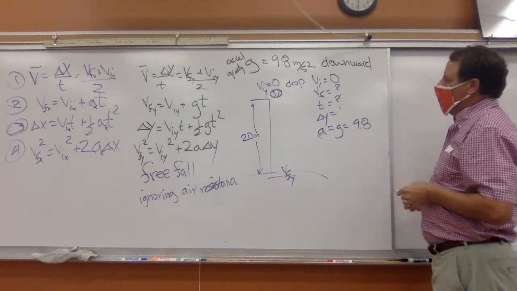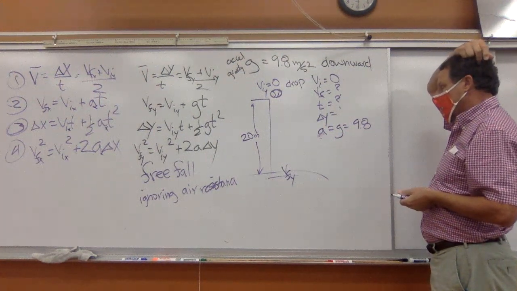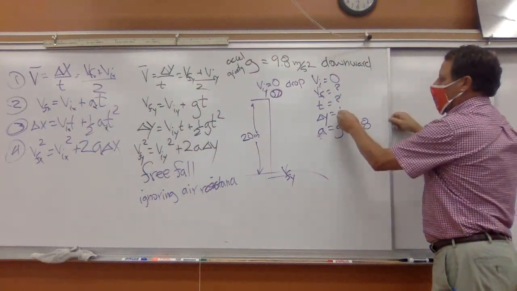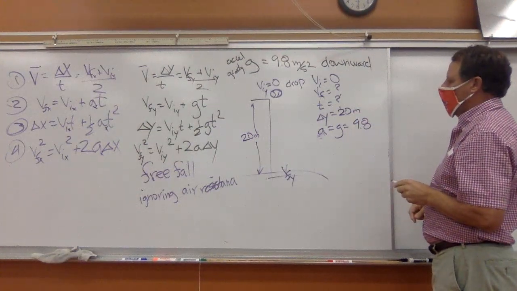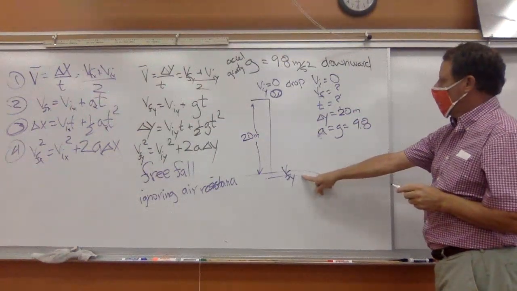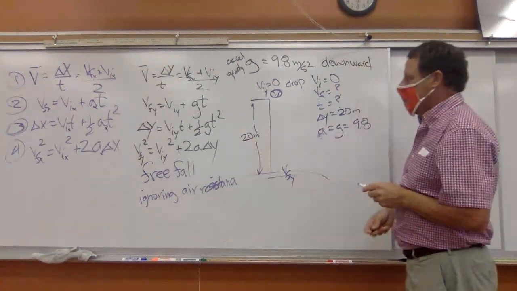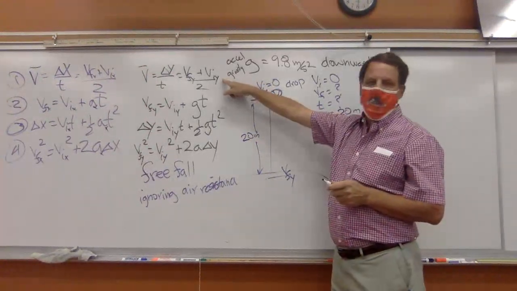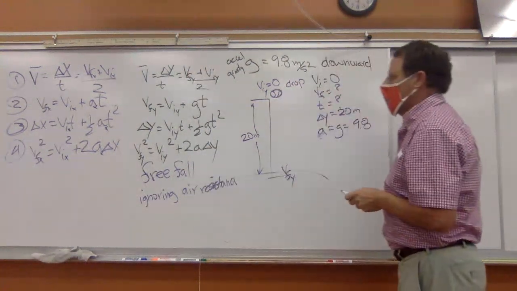So if we use, let me see, which equation can we use? We want the equation that has the final velocity, okay? So we can't use equation number 2, and there is no acceleration in this problem, and we don't have time, so we can't use equation 1.